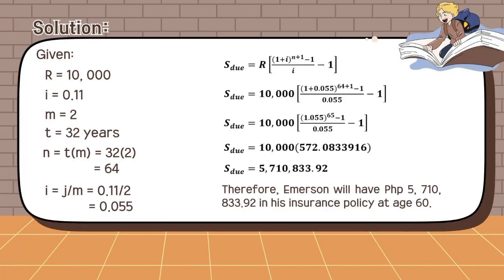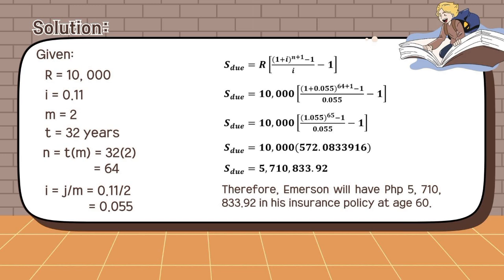And of course, here are our givens. R = 10,000, j = 0.11, m = 2, time is 32 years, n = 64, and i = 0.055. Now, if we substitute into our formula, we get S_due = 10,000 multiplied by 572.0833916.